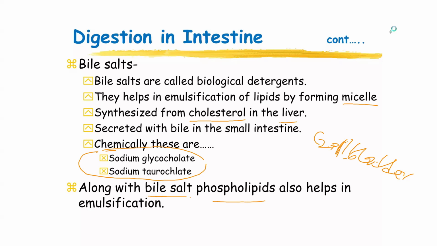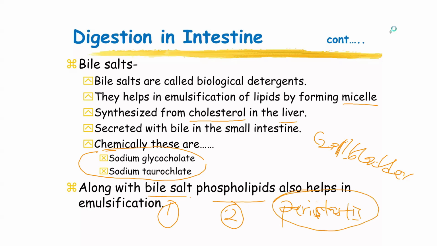First, the bile salt is the major detergent, then the second one is phospholipid, and then the last one is peristalsis movement. So these are the three ways in which the emulsification of fat takes place in the body.